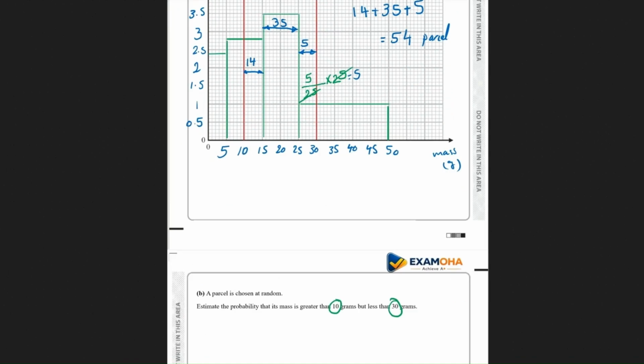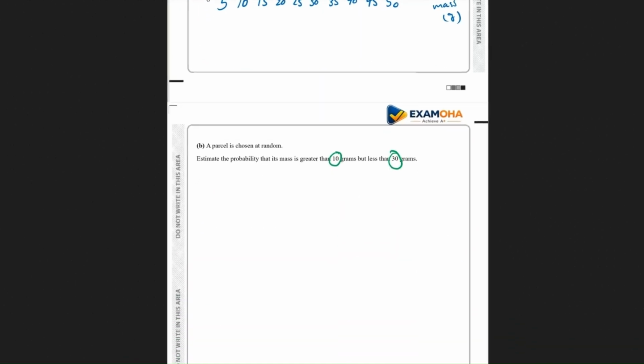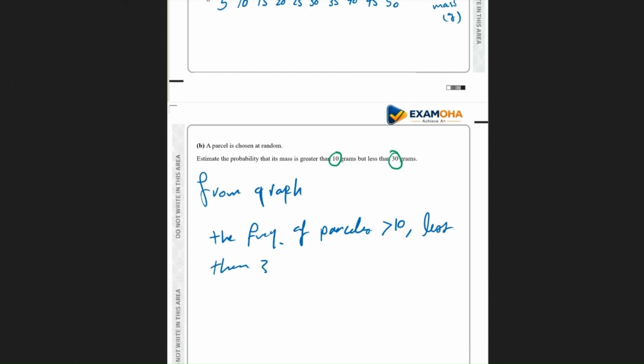So let's write this one in the right place here. From the graph, the frequency of parcels greater than 10 and less than 30 are 54 parcels here. And the question asks to estimate the probability here.